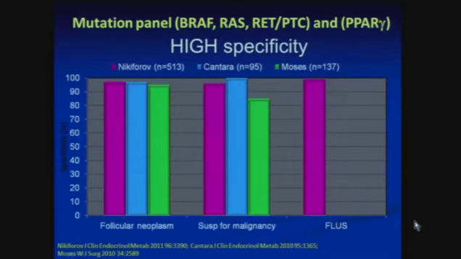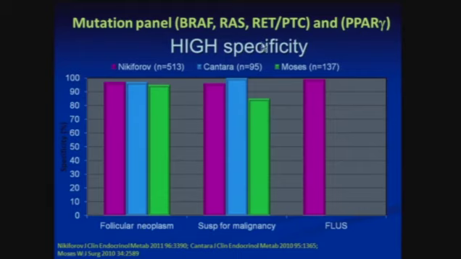Now, there were 3 papers which in fact used mutation panels to analyze patients with these FNA diagnoses before they were referred for surgery. The Nikiforov paper looked at follicular neoplasm, suspicious for follicular neoplasm, and the FLUS category, and the Kantara and the Moses paper only looked at follicular neoplasm and suspicious for malignancy.